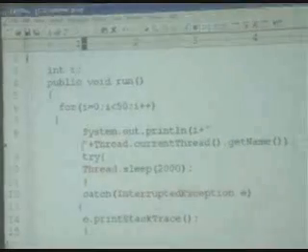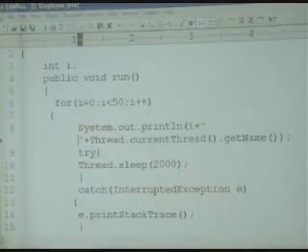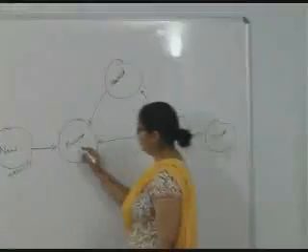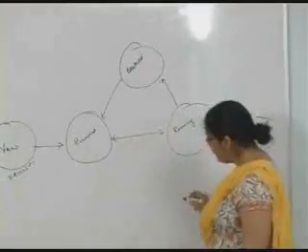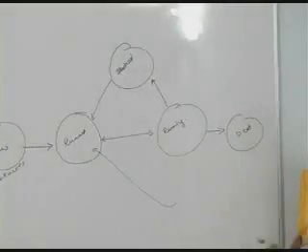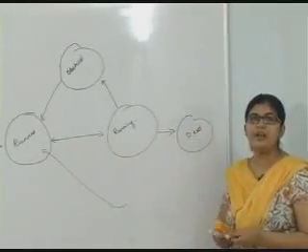Now let's concentrate on the other methods. Okay? Now here you would have seen that whenever you have threads in your runnable pool, the CPU picks up a random thread and gives the CPU to the thread which is there in your ready to run pool.